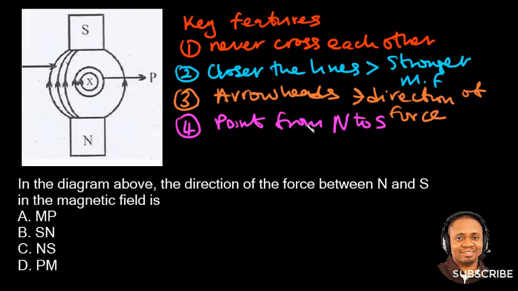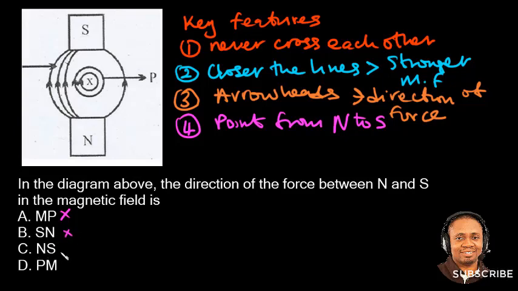Good. So now let's go to the question. In the diagram above, the direction of the force between north and south in the magnetic field is: option A, MP. I don't know what that means, so this is wrong. Option B, south north, not at all.